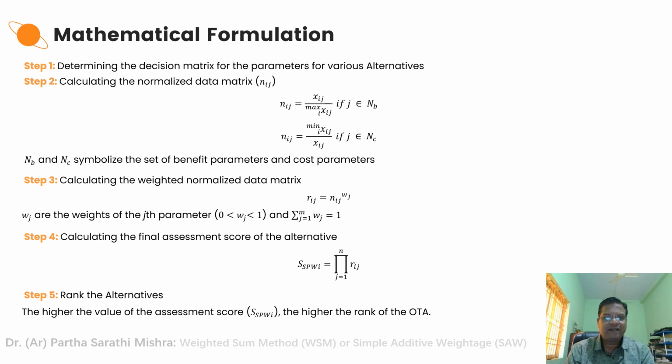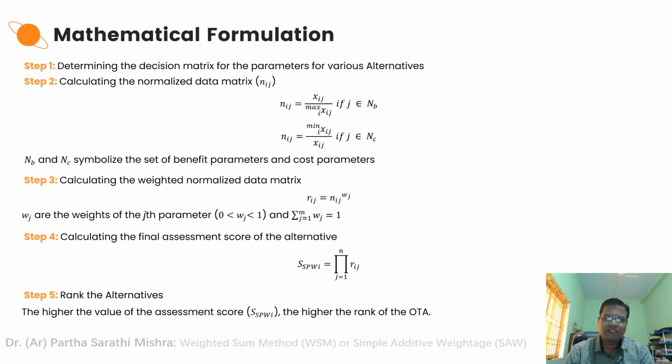Next are the mathematical formulations. Step 1, create the decision matrix for the parameters across the alternatives, as I showed you in the weighted sum method. Second, calculate the normalized data matrix, handling benefit and cost parameters differently.